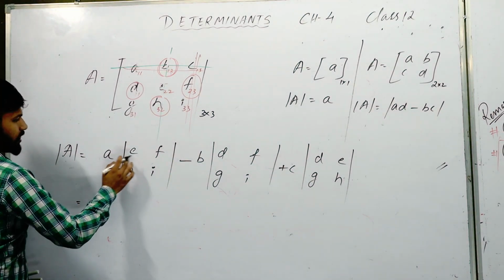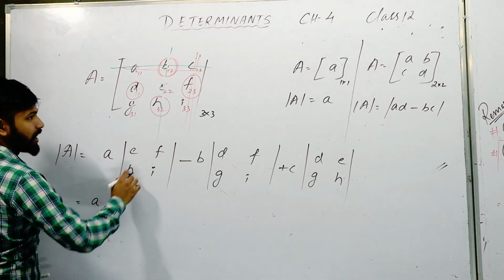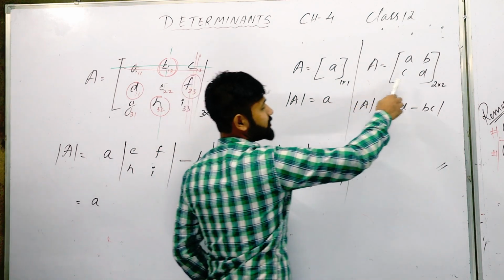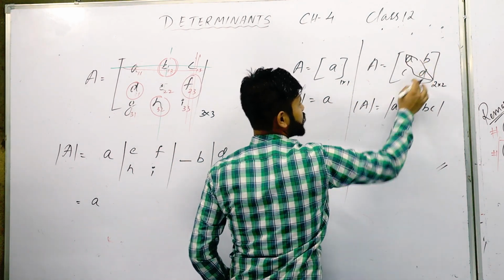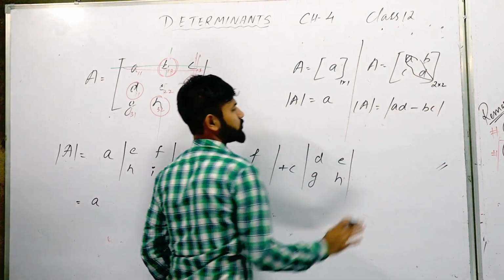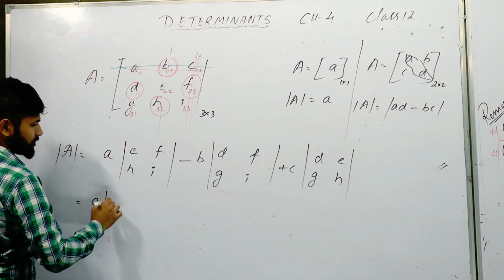So A into, now these are 2 cross 2 determinants. Easily we can find the value of these determinants. I already mentioned how to find the determinant of 2 cross 2. Just multiply diagonally: AD minus BC. Hence we will go in the same way. Now listen, very simple.